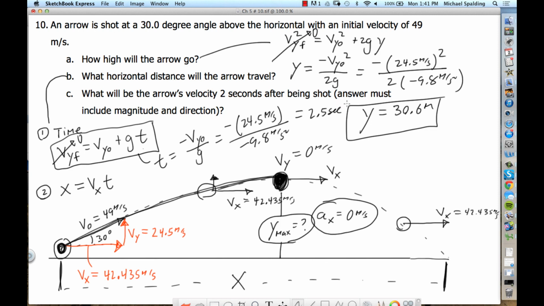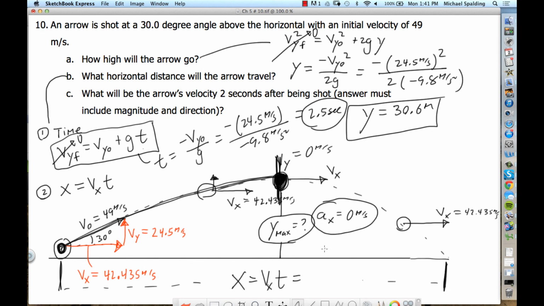So what's the total time in the air? The 2.5 seconds is to right here. That's halfway. So what's the total time in the air? 5 seconds. So now we can solve for x. In fact, I'm going to do it right down here. Finding this x, we go x equals vxt.